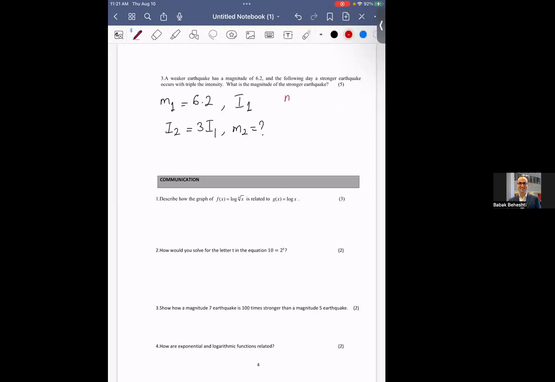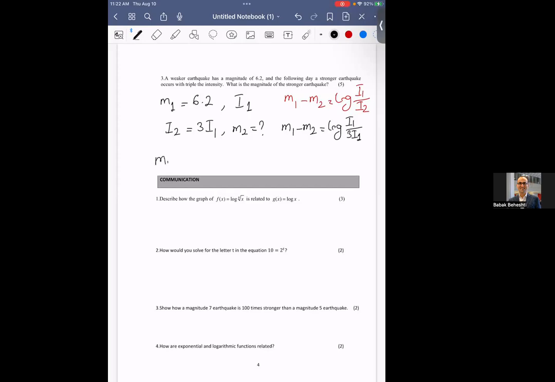But if you write M1 minus M2, you have to write I1 over I2. So that means M1 minus M2 is equal to log of I1 over 3 times I1.